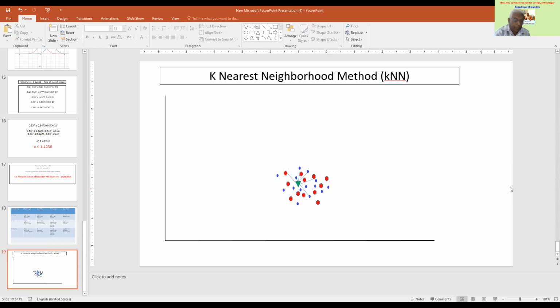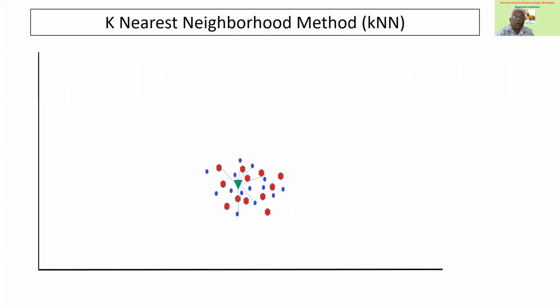And then the logic is very simple. The logic is based on the rule of majority. I will find out all such distances, so try to understand this.